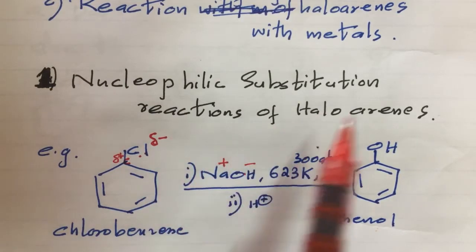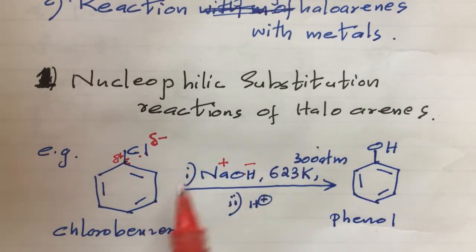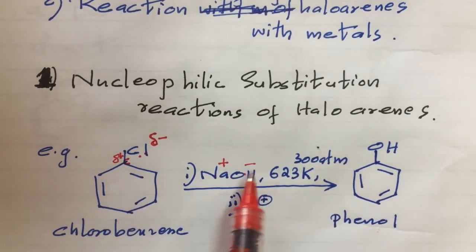Already you learned nucleophilic substitution reactions of haloalkanes, and here the reaction is similar. The only difference is that instead of a haloalkane, the compound is an aromatic halogen compound, a haloarene, for example chlorobenzene.